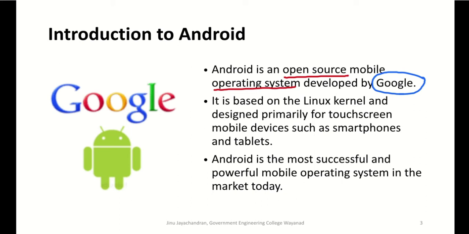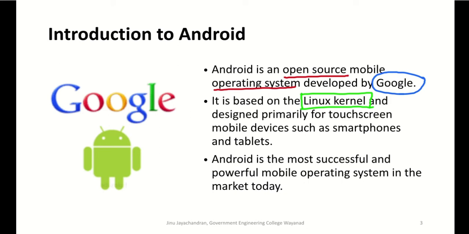And it is based on the Linux kernel, and it is designed primarily for touchscreen mobile devices such as smartphones and tablets. So you need to see that the basic stuff in Android is the Linux kernel. And kernel is something like the brain of any operating system.